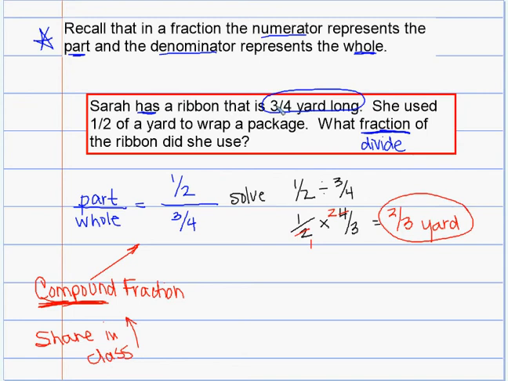So if she had used 1/2 of the yard to wrap a package and she had 3/4 of a yard to start with, she used 2/3 of her ribbon. Okay? Oh, I guess that's not a yard. Sorry about that. I should have read the question carefully.